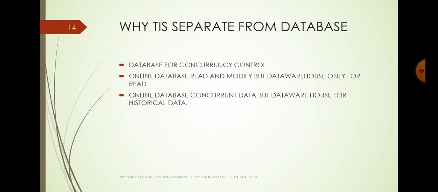Online databases hold concurrent data, but a data warehouse holds historical data only. Like this, it is separate from the database.